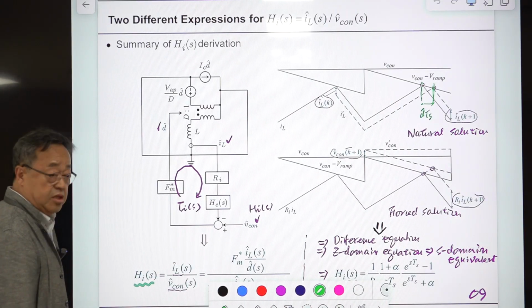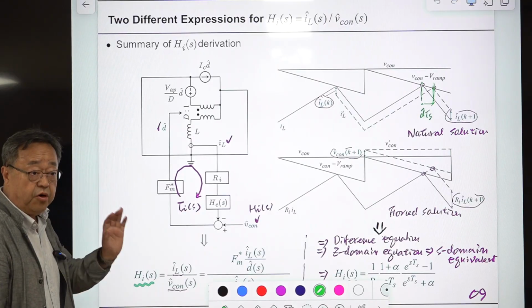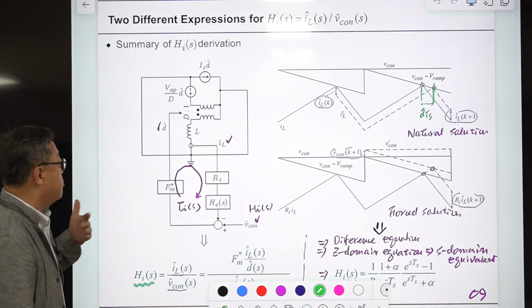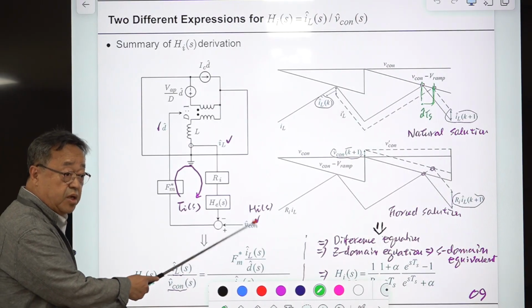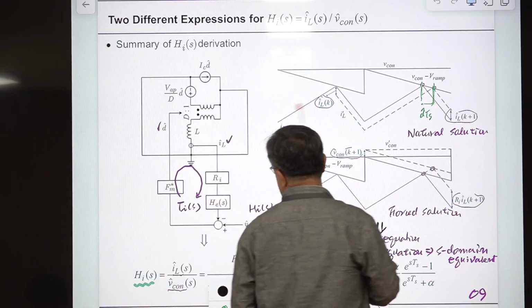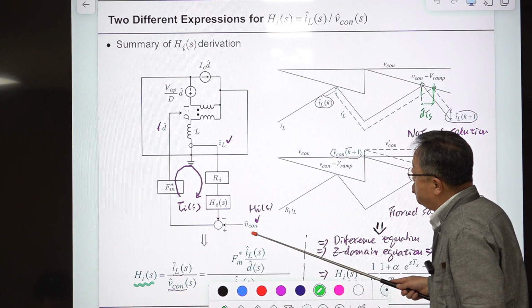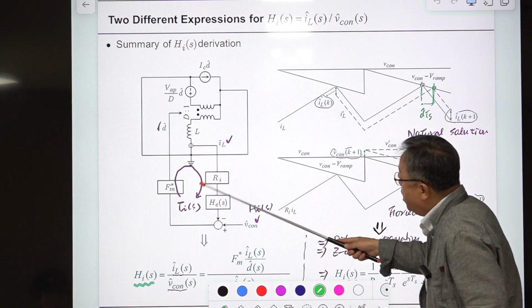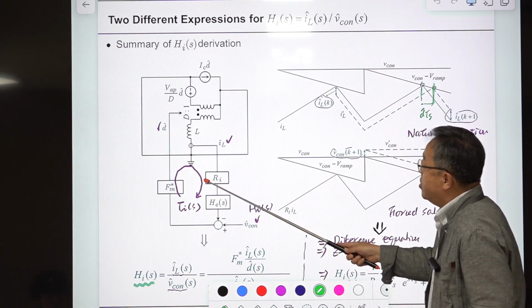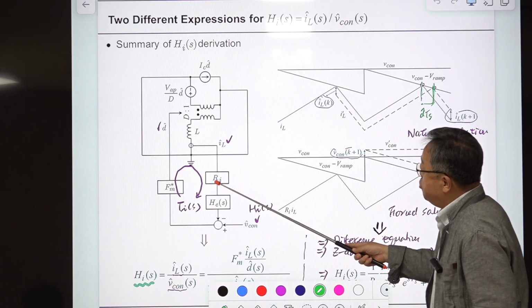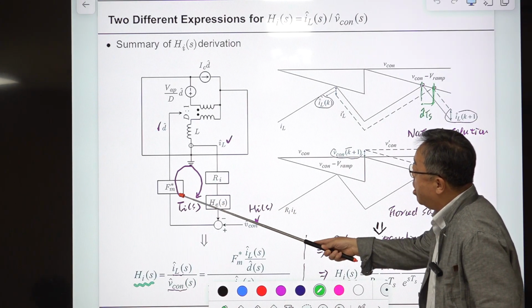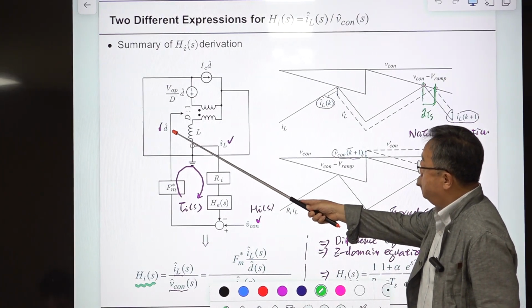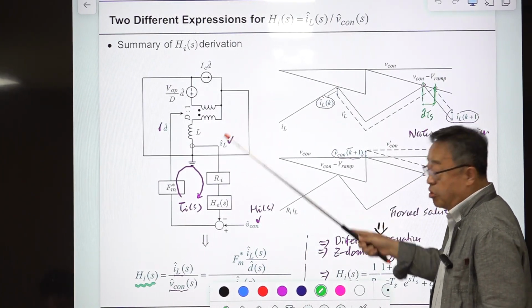And maybe I need one clarification. Maybe I got mixed up with this TIS and HIS. Okay, let me clarify this. HI is the transfer function from this control voltage to inductor current, and the TI is the current loop. Okay, so TI is the product of RI, HES, and FM star, and the transfer function from duty ratio to inductor current.